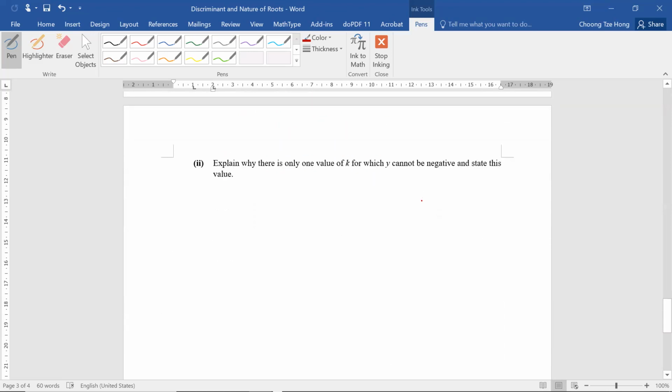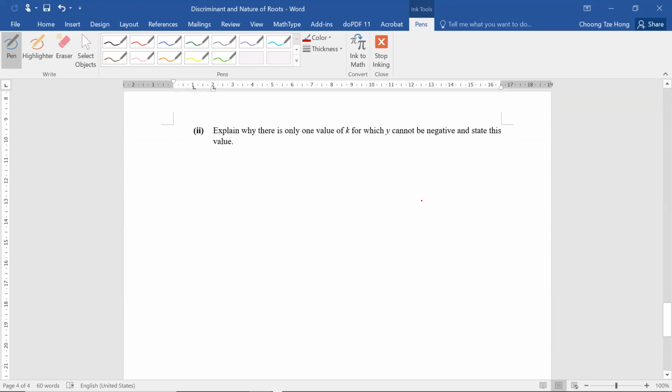So there's a second part to this question. Let's try it now. This is actually a 4-mark question. Explain why there is only one value of k for which y cannot be negative and state this value. Now k is no longer equal to 5, revert back to the original value.